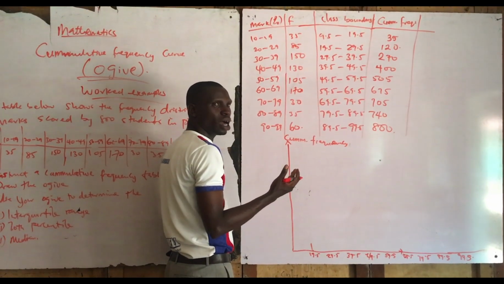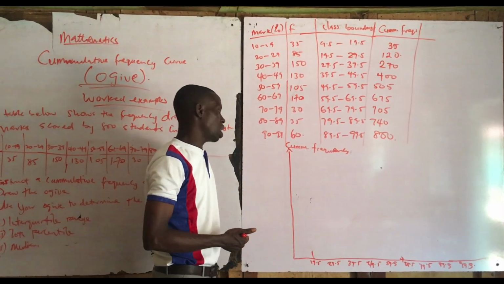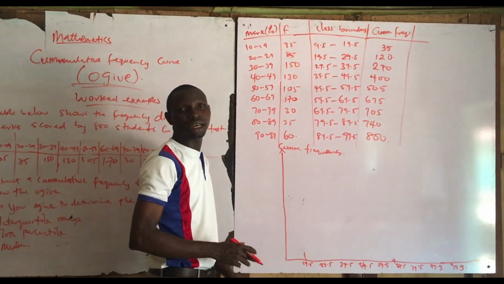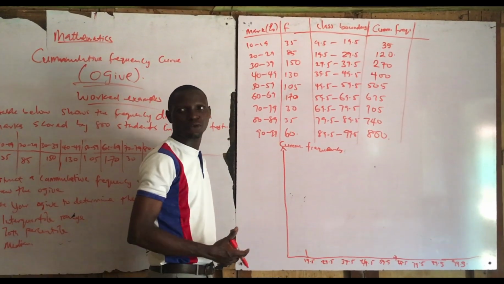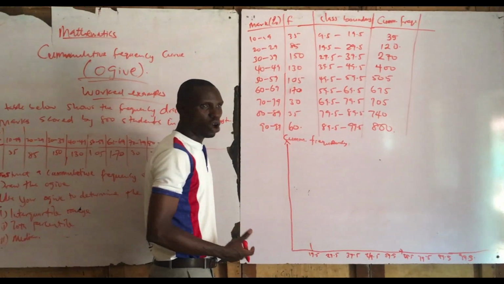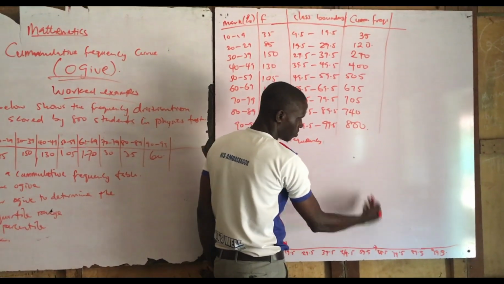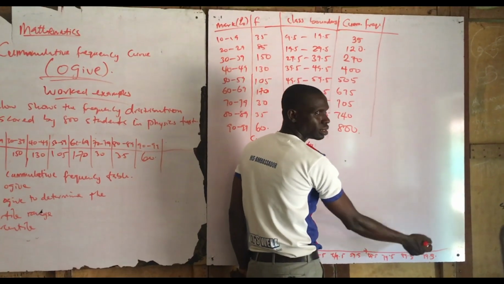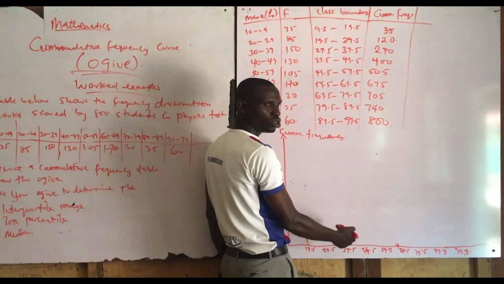Are we getting it now? Yes. I will do another video to show us how to plot the graph using a normal graph chart. Please, let's try and understand from here. On the x-axis, you can use one thick line, or you leave one, use one, leave one, use one.